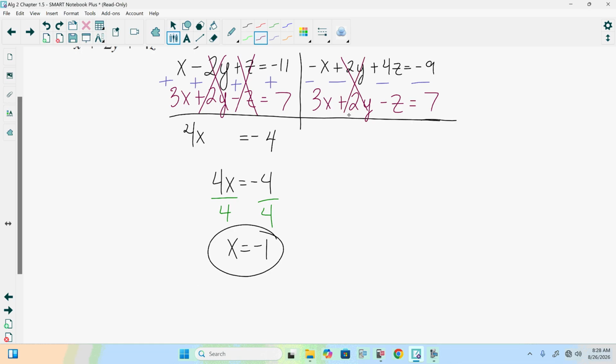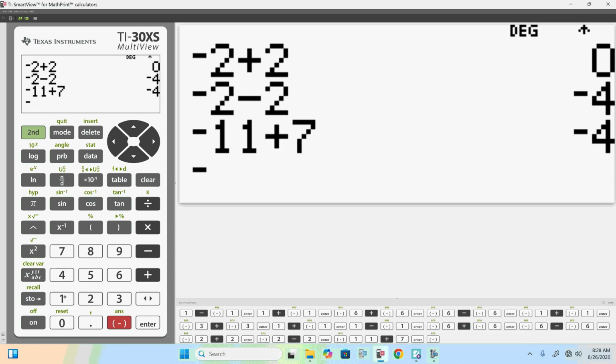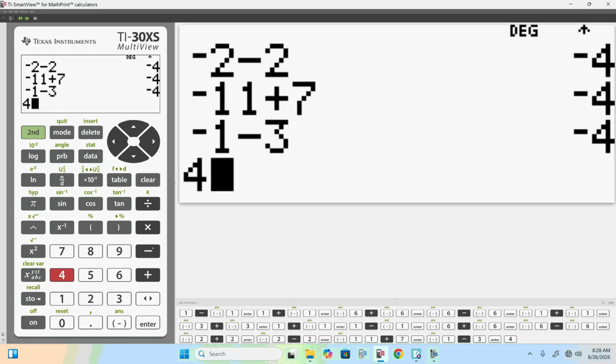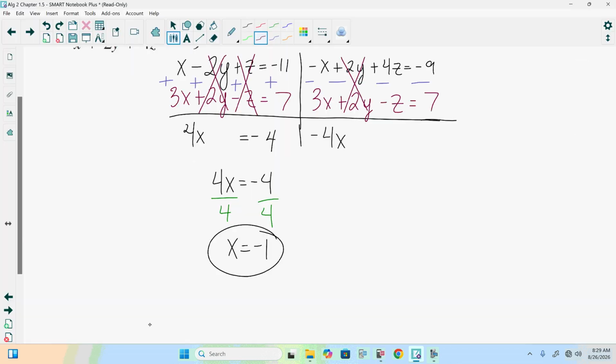Negative x minus 3x. Negative 1 minus 3 is negative 4x. 2y minus 2y, we already said is 0. 4z minus negative z. 4 minus negative 1 is positive 5, plus 5z.